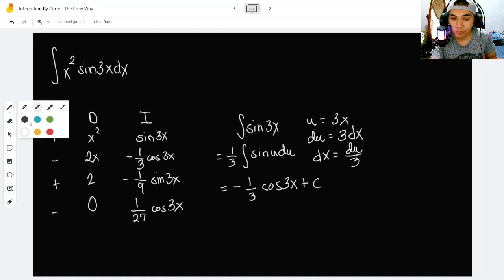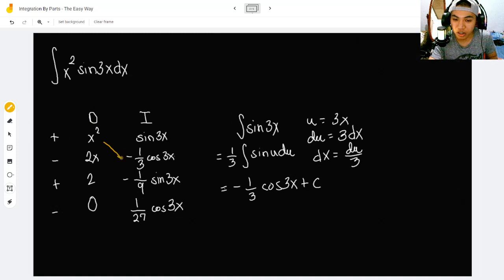Now we can multiply the diagonals, and you notice that the derivative is already 0, so whatever comes after this would be 0, since multiplying anything by 0 is always 0. So even if we keep integrating this, the derivative of this is 0.